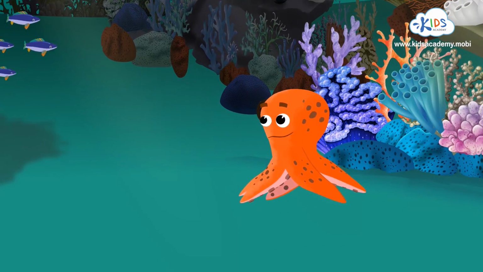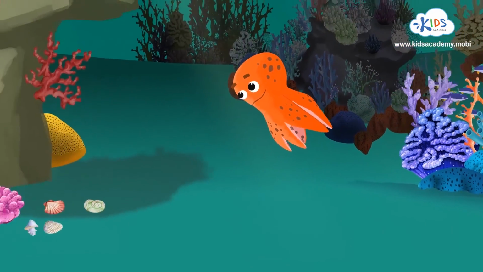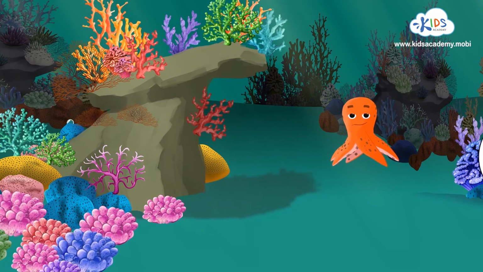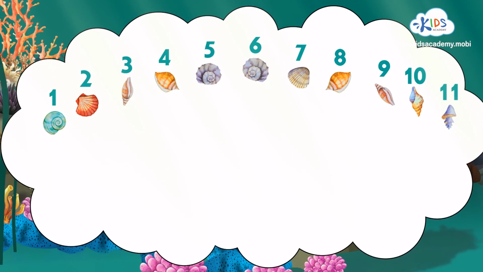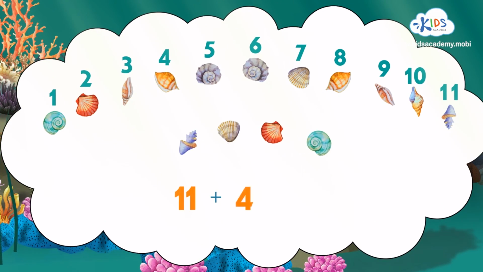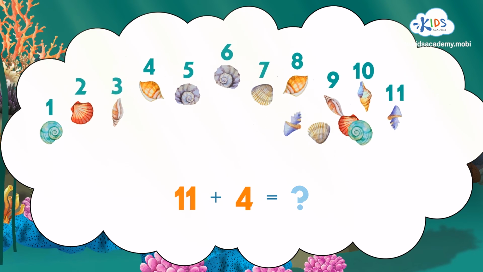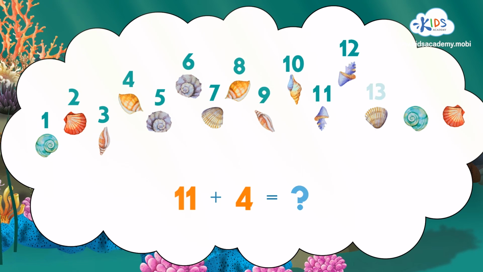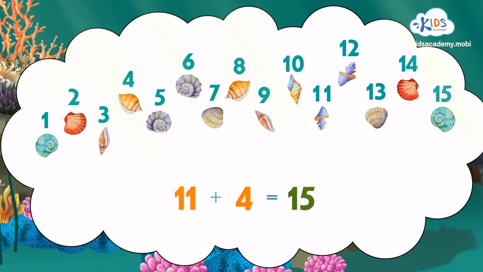Let's go have a peek under that stone. Great! There are 4 seashells here. Let's add them all together. 11 plus 4 more makes how many seashells? 12, 13, 14, 15. So we found 15 seashells so far.